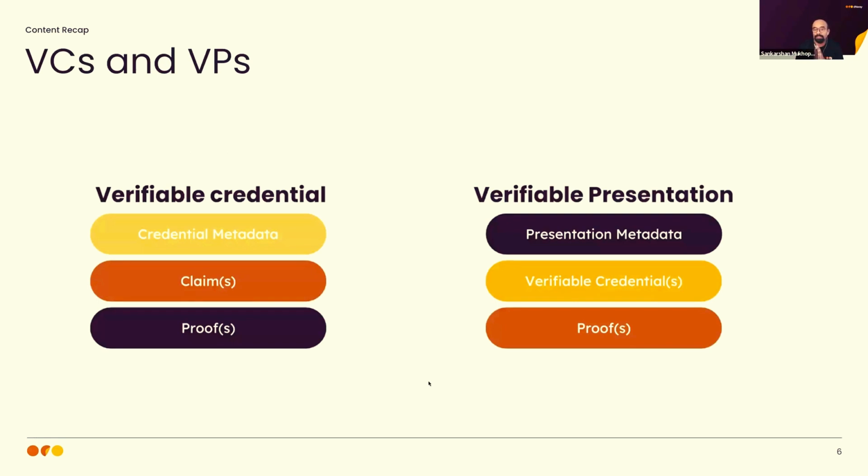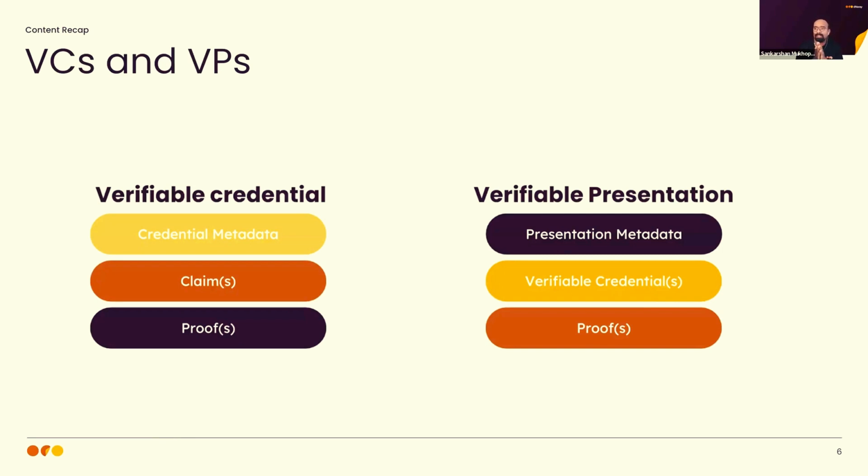The verifiable credential is a fairly simple thing. It is really a claim that has an associated proof and some metadata with it. What could be an example of this? Let's say I have a claim that says I am over 18 years old. A proof of that would be a document that establishes my year of birth.